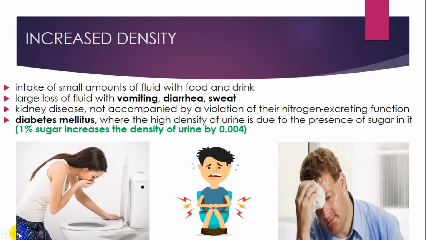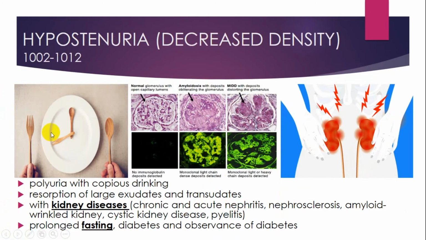The next important part is hypostenuria, a decreased density. A person in such a case can have polyuria with copious drinking, resorption of large exudates and transudates, or kidney diseases. It may be chronic and acute nephritis, nephrosclerosis, amyloidosis, cystic kidney disease, or pyelitis.